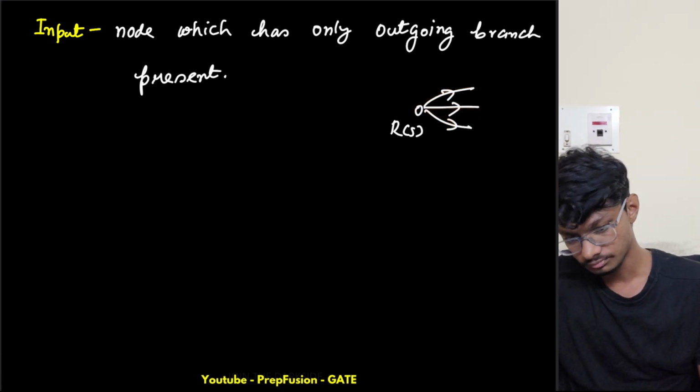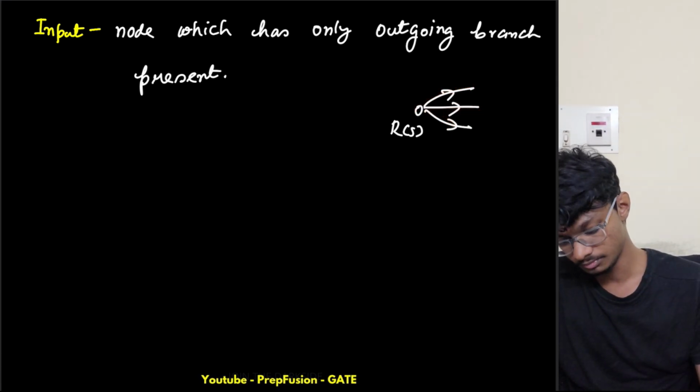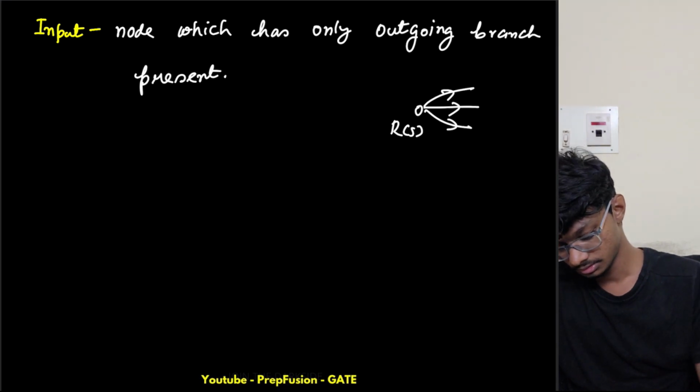Now what does output node mean? So this is the input node.